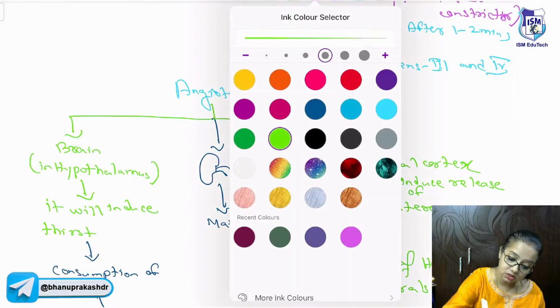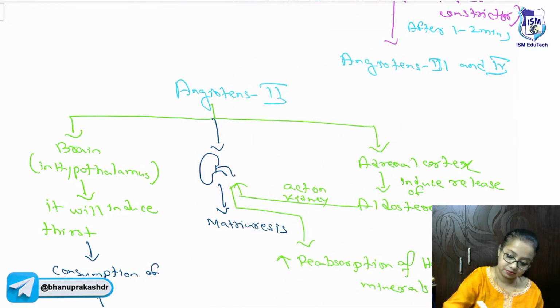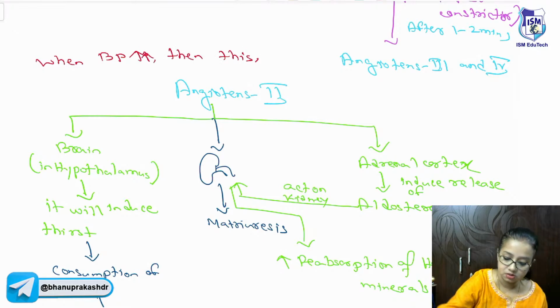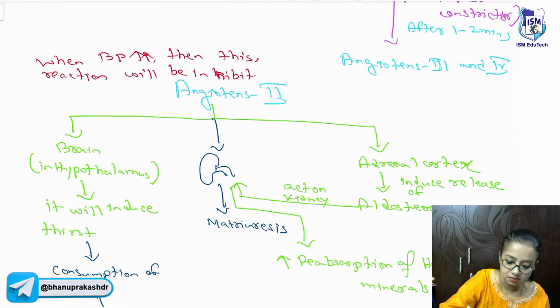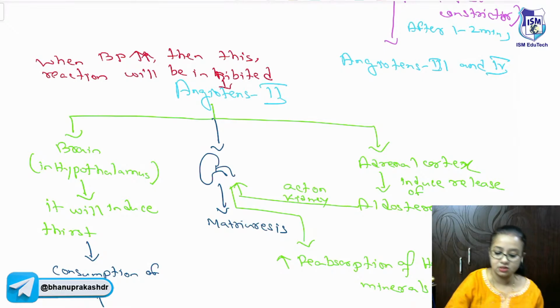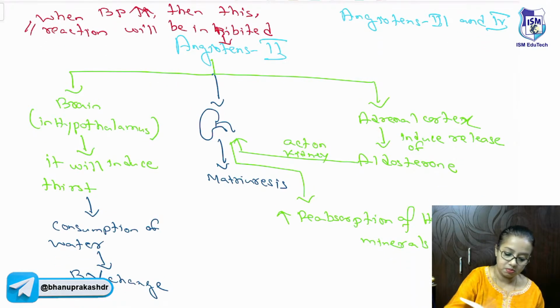Now, in case of high blood pressure, when BP increases, then this reaction will be inhibited. This reaction will be inhibited inside the body.